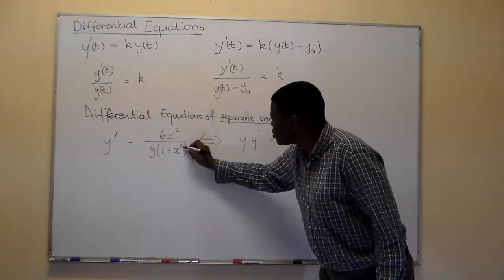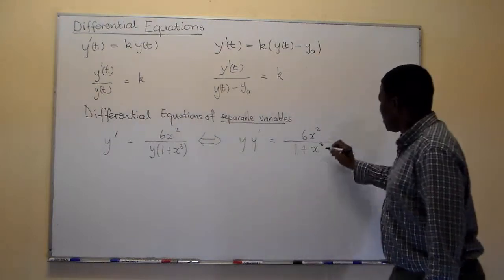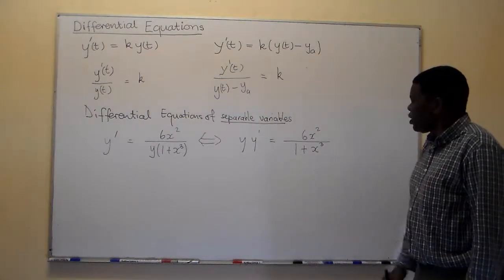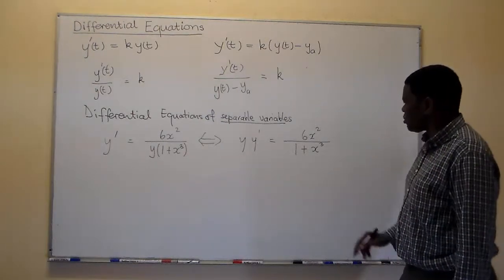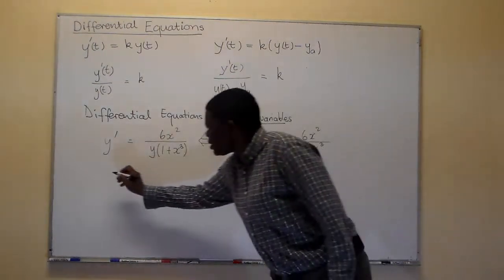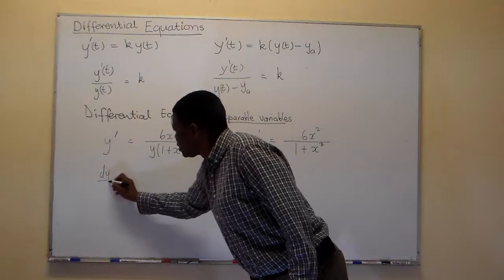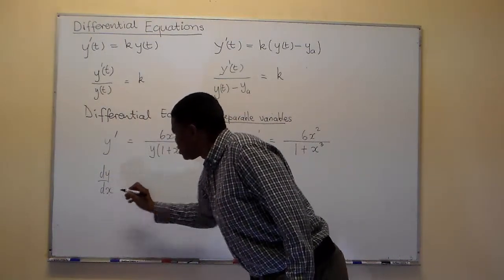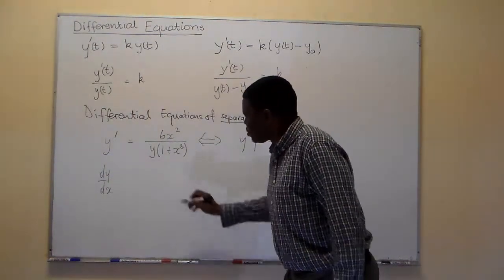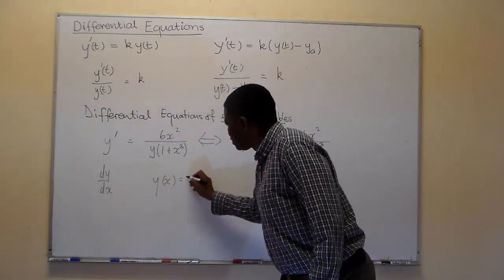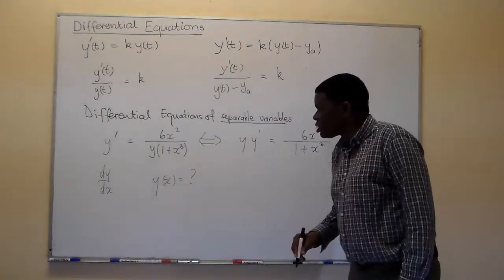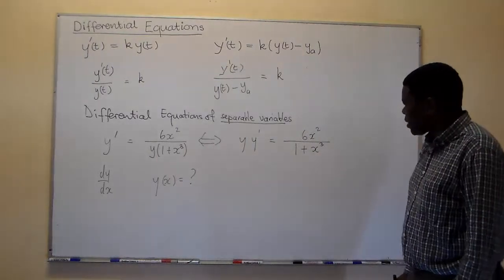Sorry, this is supposed to be cubed, x cubed. Now if we're to solve this equation, remember this is dy/dx, which means that we're searching for a function of x, which is the solution to the differential equation.